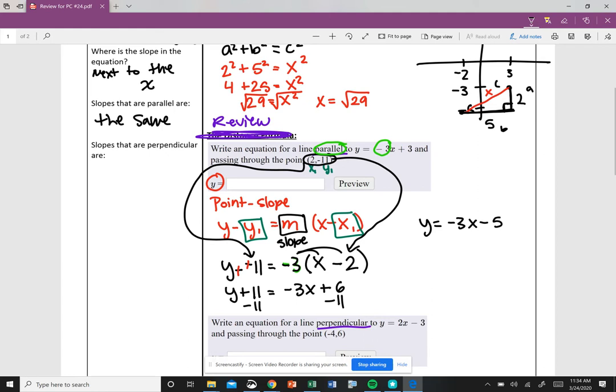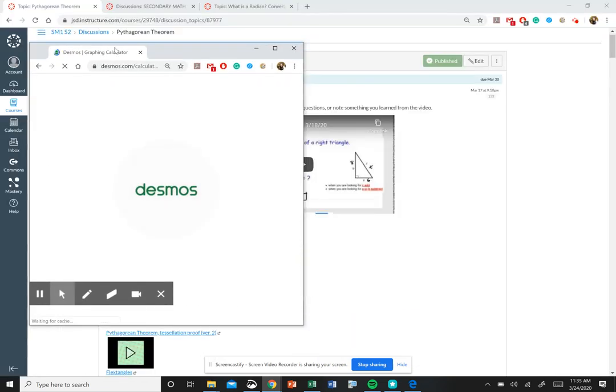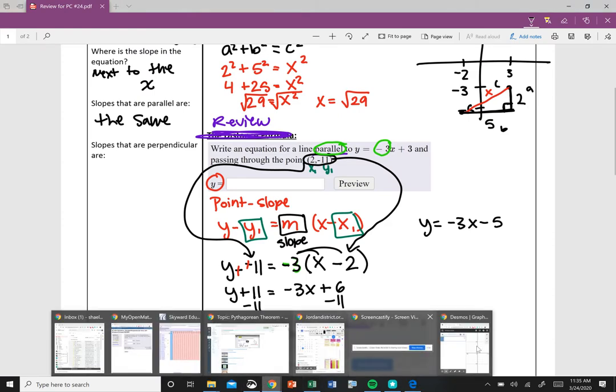Now, I wanted to show you what this looks like in Desmos. If I can find my mouse. Desmos. So here's my cute little Desmos. Oh, we switched on me. I want my cute little Desmos.